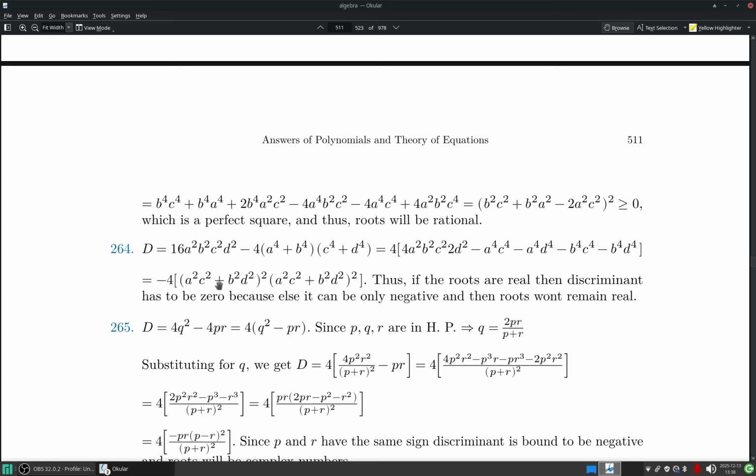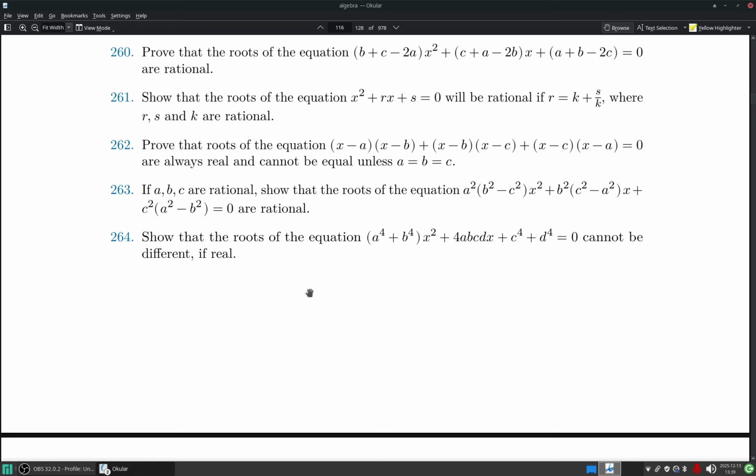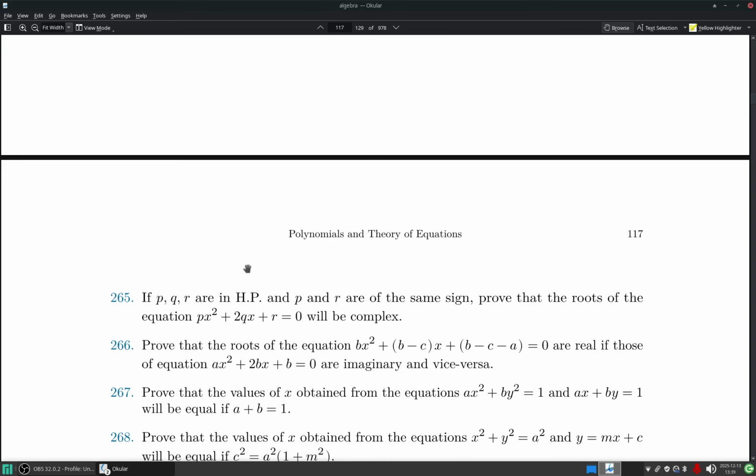If the roots are real, it cannot be negative because negative will make the roots complex. But given that roots are real, the only possibility is that the discriminant has to be 0. So once it is 0, the roots will be equal. They cannot be different.